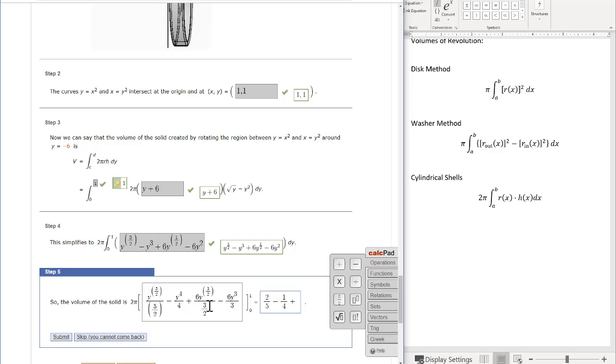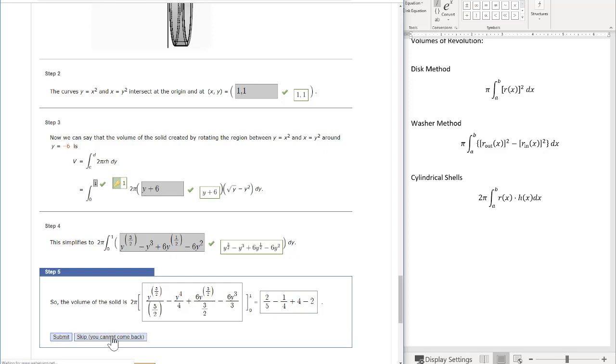So 6 times 2/3. Well, the 6 and the 3 cancel, and that's going to leave us with a 2 times 2, so that's a 4. And then 6/3 times 1, that's just going to be 2. So I'm sure you can simplify this, but I'm going to go ahead and submit.